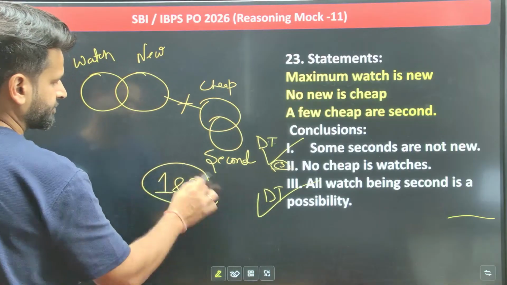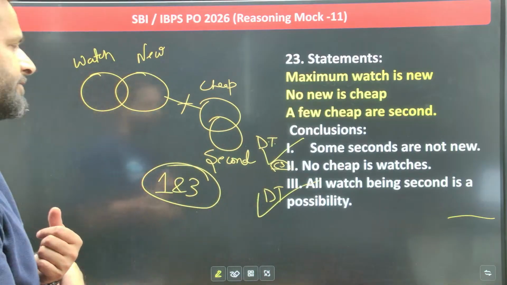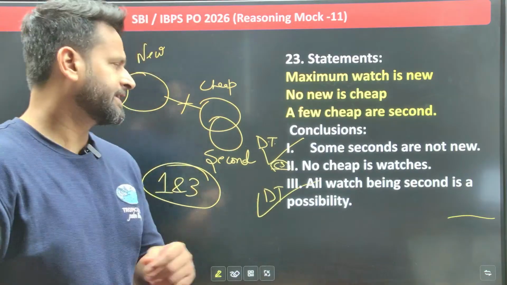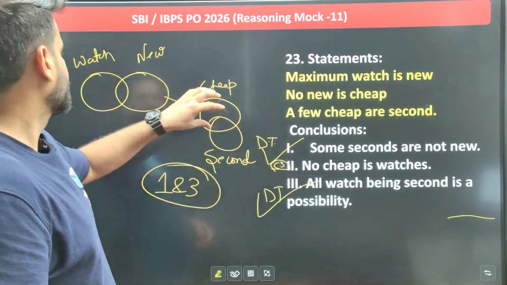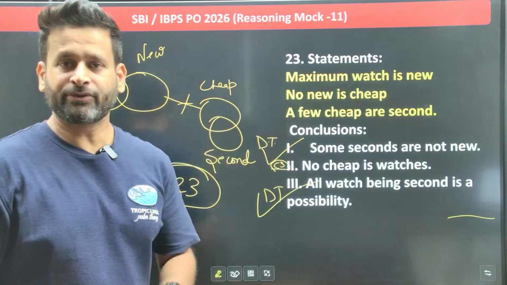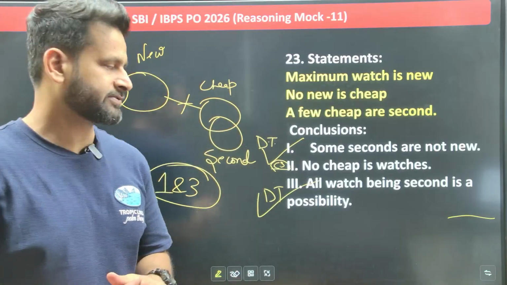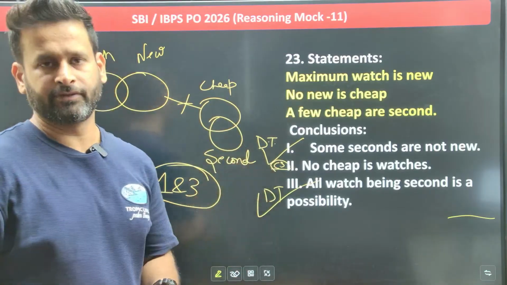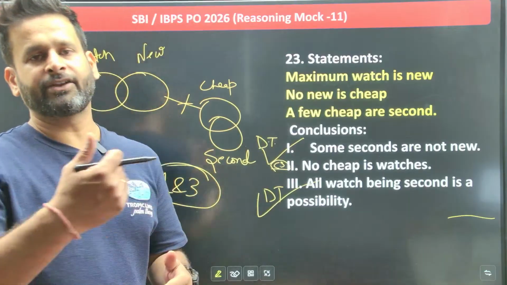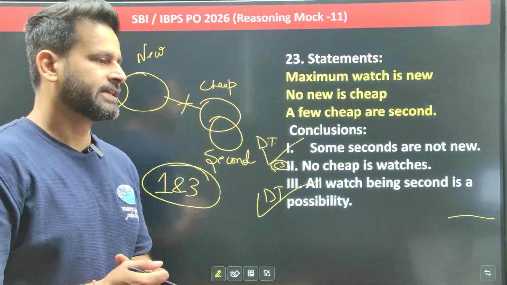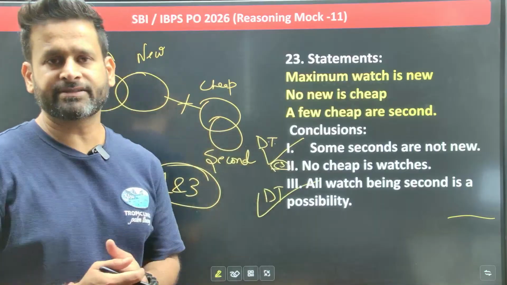First and third follows. How can you say? You cannot say. See, no cheap is watch. I am not saying that this is definitely false. I am saying that it is doubtful. It can happen, it cannot happen. We are not sure of this. Therefore I have termed this as doubtful.